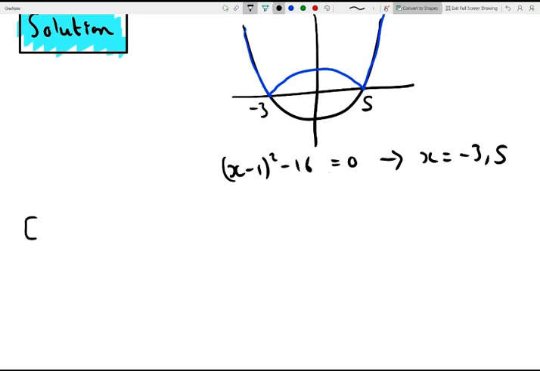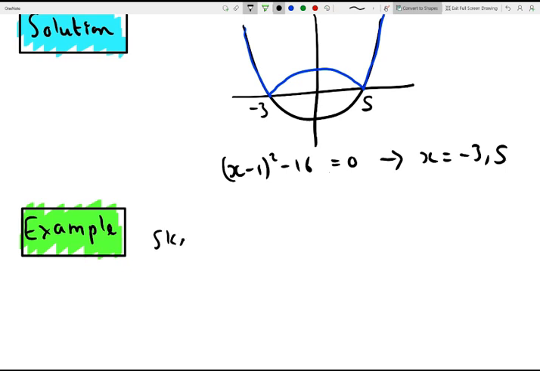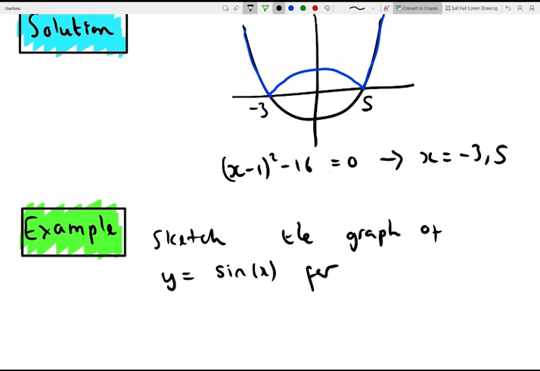Okay, so let's look at another example. Sketch the graph of y equals sine of x for minus 2 pi less than or equal to x less than or equal to 2 pi.